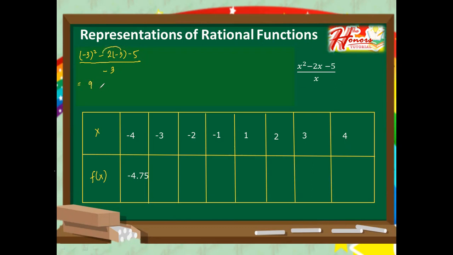Negative 2 times negative 3 is positive 6 minus 5 over negative 3. Let's continue. 9 plus 6, that's 15 minus 5 over negative 3. 15 minus 5, that's 10 over negative 3. So now let's simplify it and change it into a decimal. Positive 10 divided by negative 3 is equal to 3.33. Negative 3.33. So let's write it here.